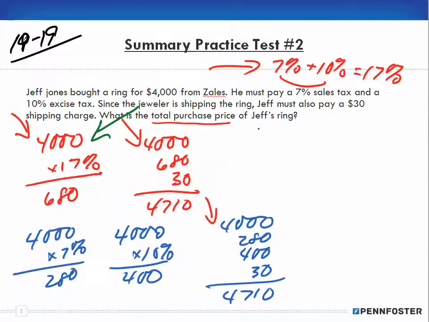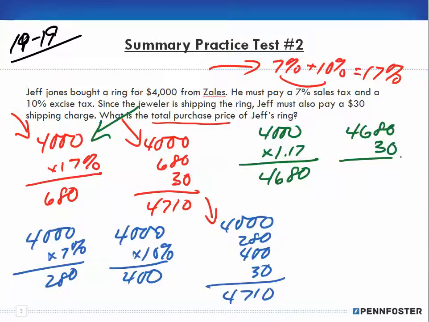What I could have done is taken the 4,000 and multiplied it by 1.17 and come up with 4680. Then all I need to do is add the 4680 and the 30 to come out with 4710. So you see, I'm adding one less number here, which means I'm saving a possibility of an error creeping in.